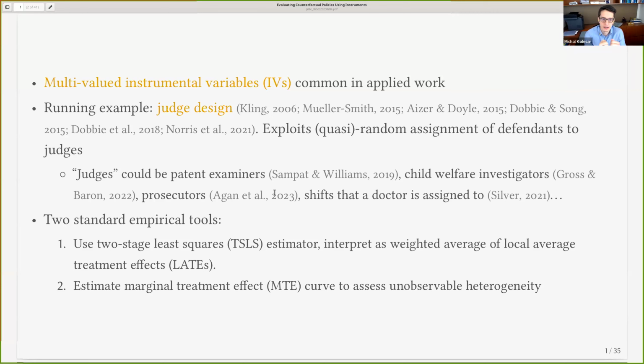So when I'm thinking about the causal effect of being assigned to these different judges, there are different comparisons that we could be making, and the standard thing people report in practice is just the two-stage least squares estimator, which aggregates these cross-judge effects together.